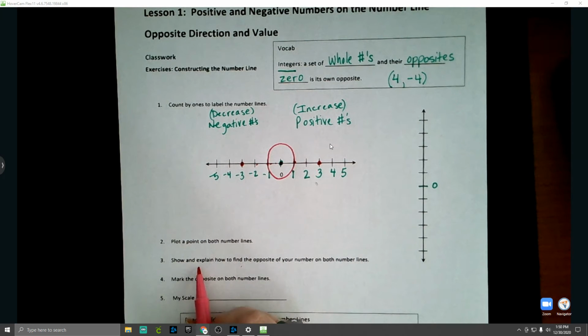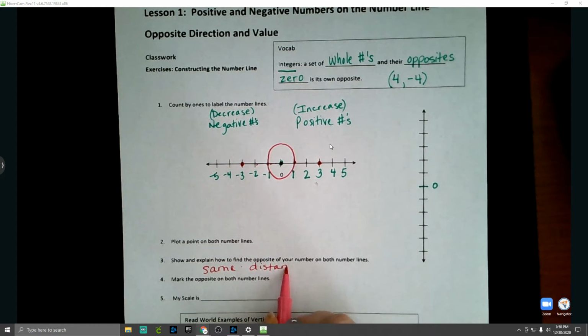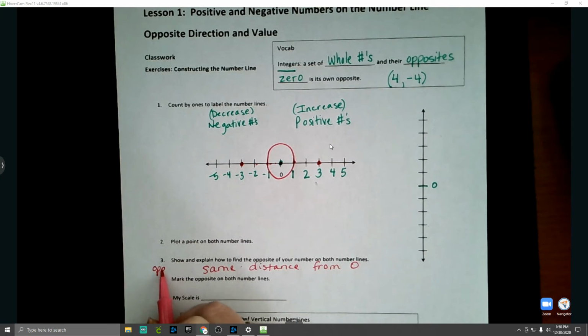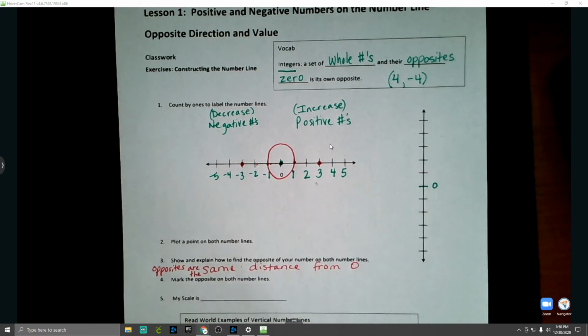they are the same distance from 0. So opposites are the same distance from 0.